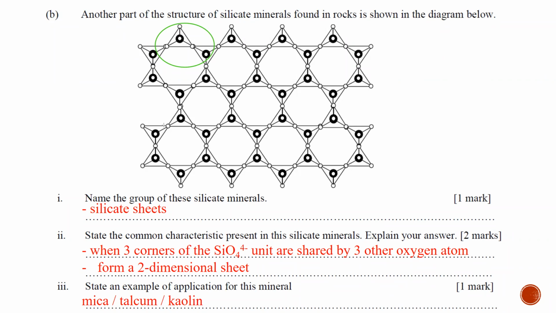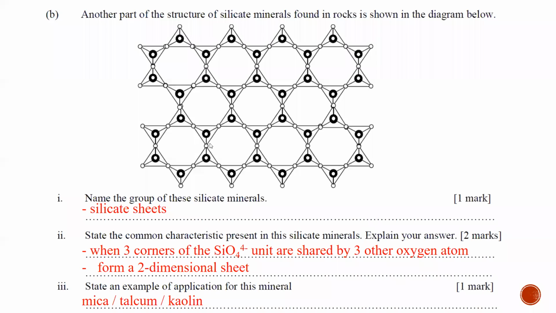It can be mica, talcum, or kaolin. Either one is accepted. And for your information, the repeating unit for this silicate sheet is Si2O5 2-. Okay, so that is how you answer question number 6.